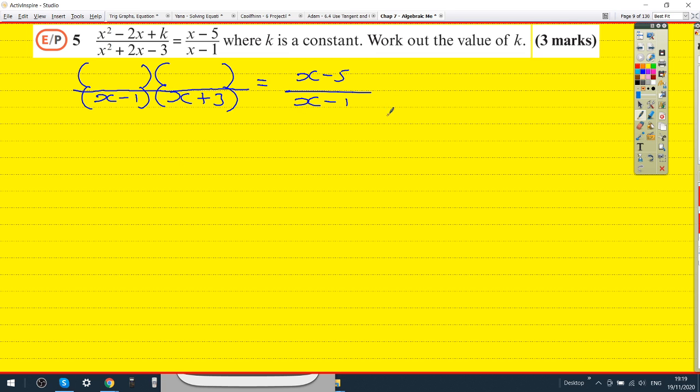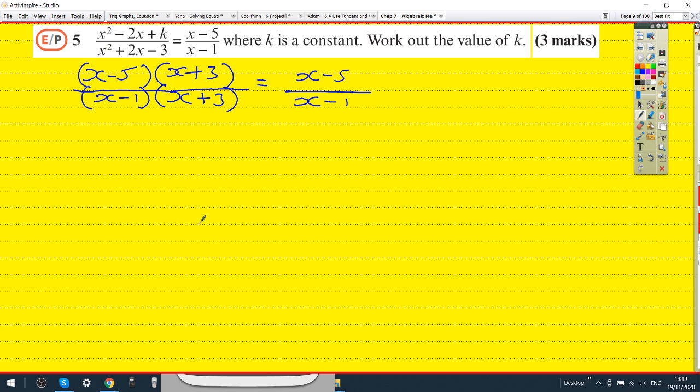What's missing from the bottom on the right? x plus 3. And so what do you know about one of the brackets on the top? The x plus 3 has to cancel out. So one of them is x plus 3. So what must the other bracket be? x minus 5.